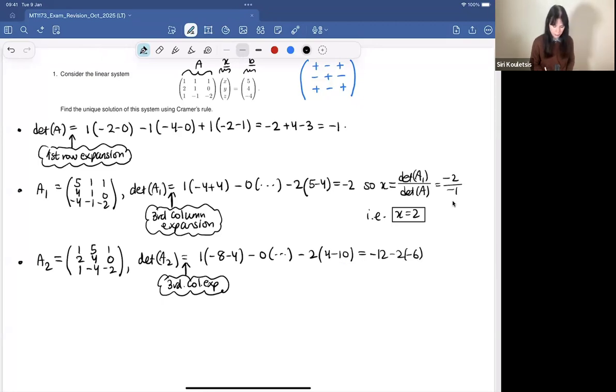And we get -12 plus 12, which is 0. So y is given by the determinant of A2 over the determinant of A. And so y is simply 0.